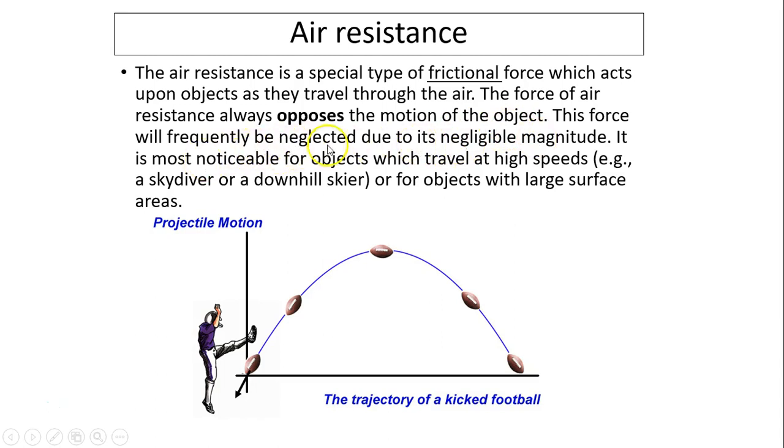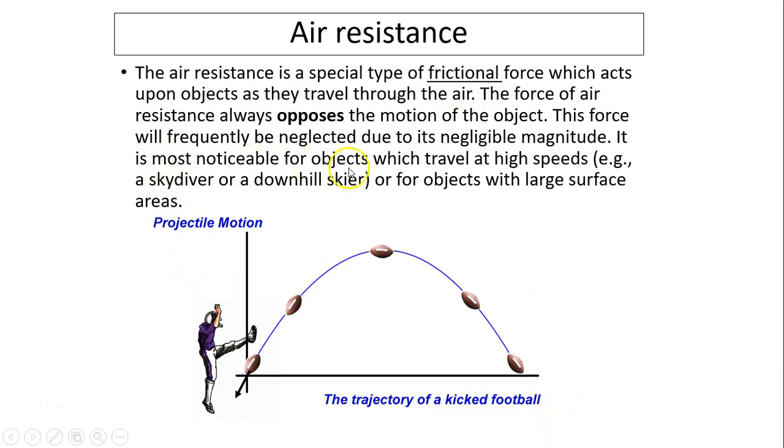This force will frequently be neglected because its magnitude is negligible. It's not very big. So in Regents physics class, we don't really calculate air resistance, but you need to know there is an air resistance force.